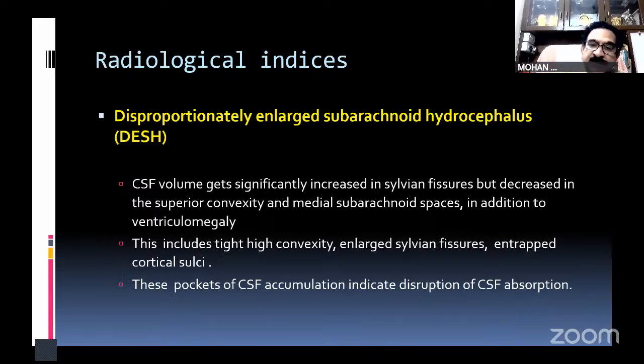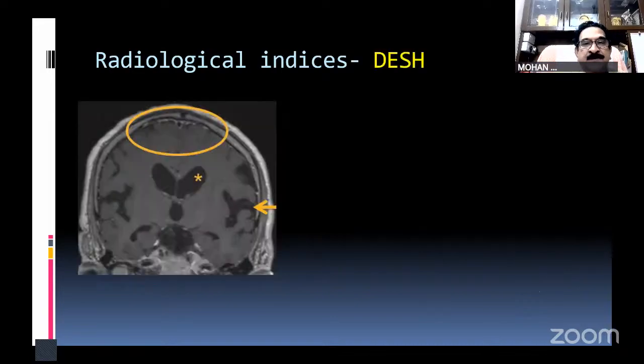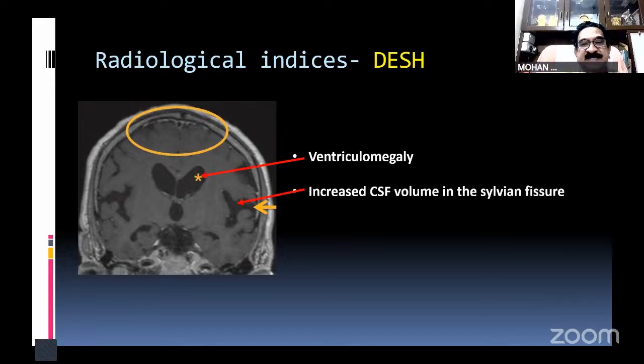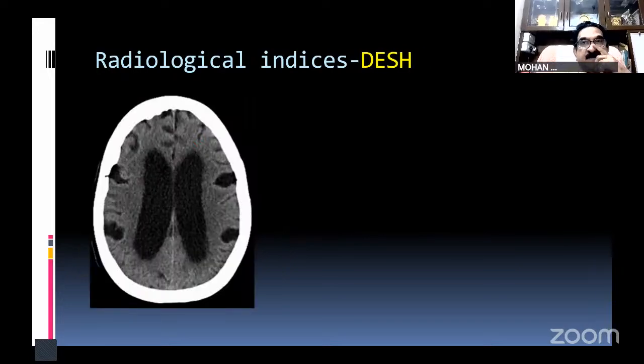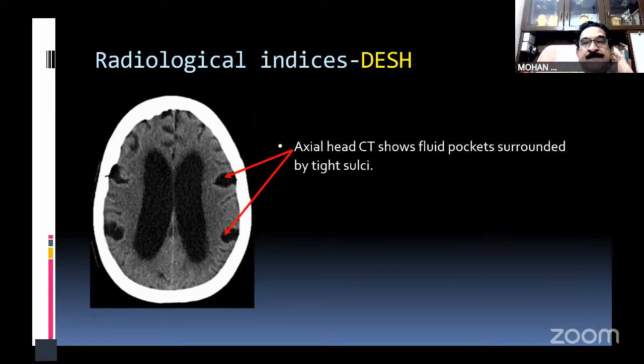These pockets of CSF accumulation indicate disruption of the CSF absorption. These are the radiographic indicators. You find ventriculomegaly and increased volume in the Sylvian fissure, but a tight high convexity, no space there. This may be mistaken for cortical atrophy, but it is not atrophy. This is hydrocephalus, and you find fluid pockets surrounded by tight sulci. Other sulci are tight, only some fluid pockets.